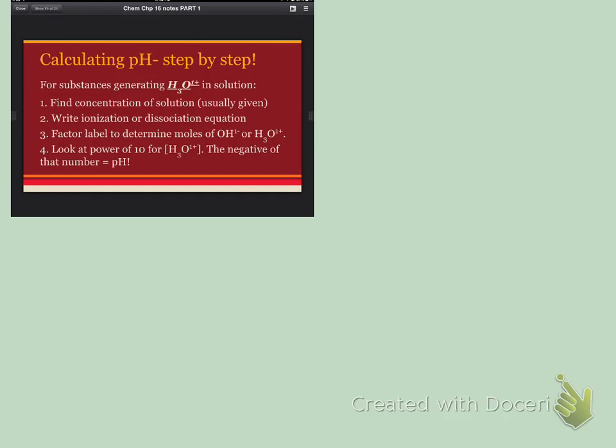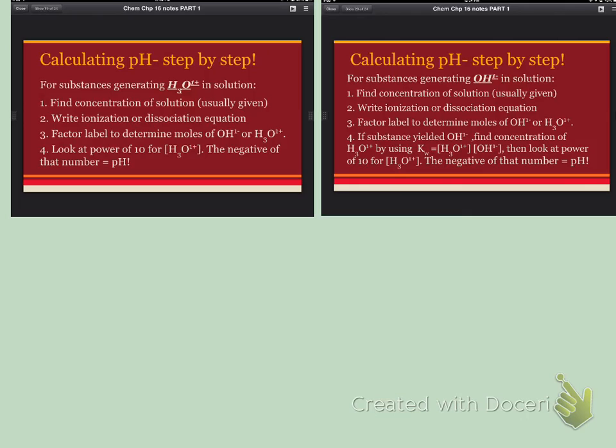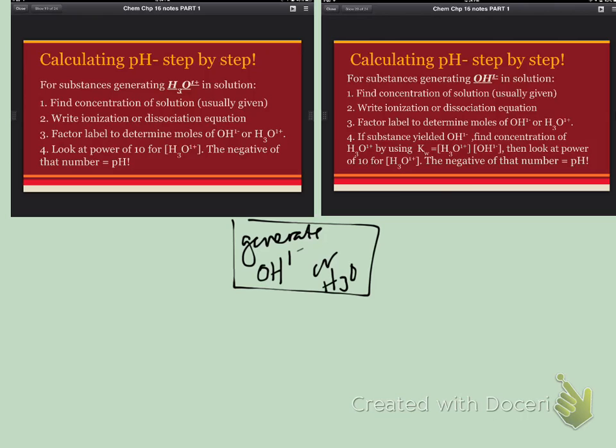Okay, so calculating pH step by step. No matter what you are given, you can calculate the pH of a strong acid or a strong base. And there are two rundowns here. Because the first question you're going to ask yourself is, does this generate hydronium or hydroxide? If it generates hydronium, find the concentration of the solution.